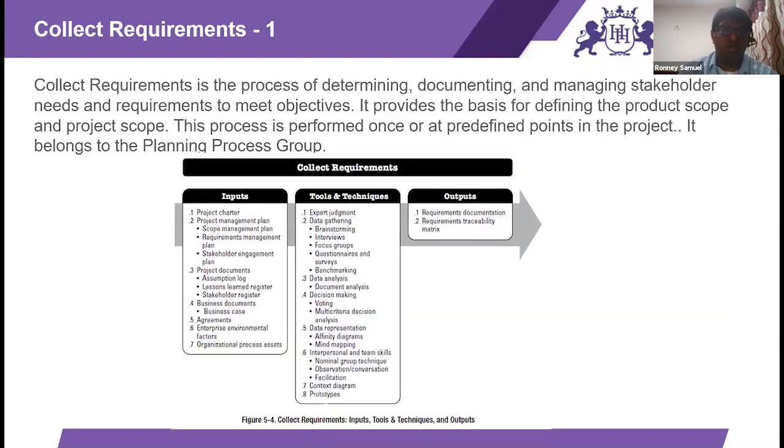Yes, sir. So the next part is what we call collect requirements. This is the place where we are going to collect the requirements, and based on that, we can start defining the scope.